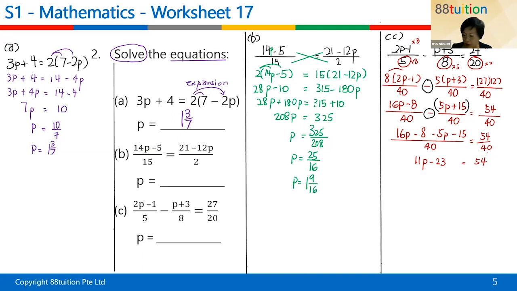So we just ignore the 40. Okay, so I have 11p, and that gives me 54 plus 23. 11p equals 77. And you divide, you should get 7 for p. Okay. This one is 1 whole 9 over 16.